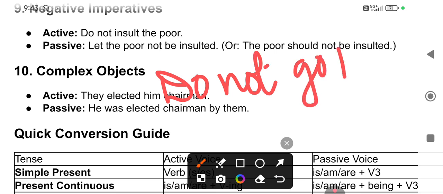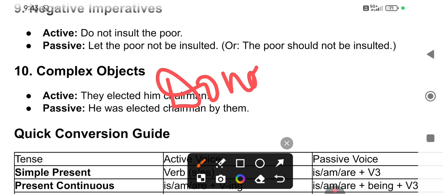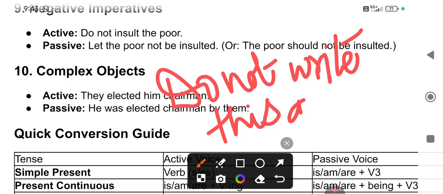Another example: do not go there. Let... do not write, I'm changing it because you will get confused. Do not write this article this way.